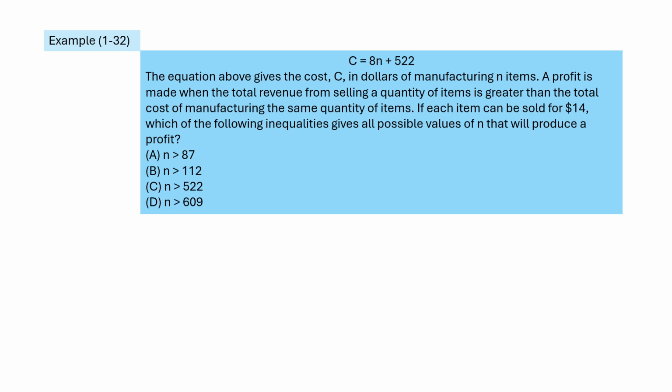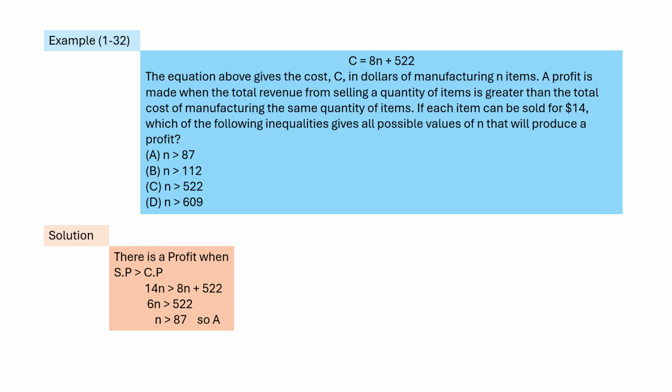If each item can be sold for $14, which of the following inequalities gives the possible values of n that will produce a profit? You know that there is a profit when the selling price is greater than the cost price.